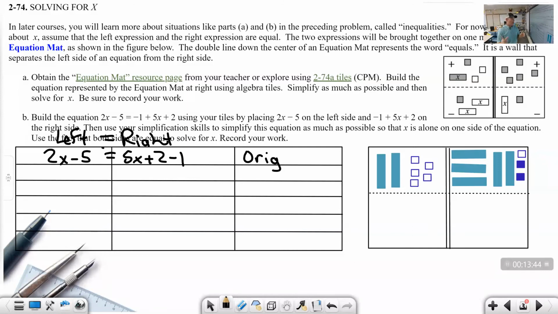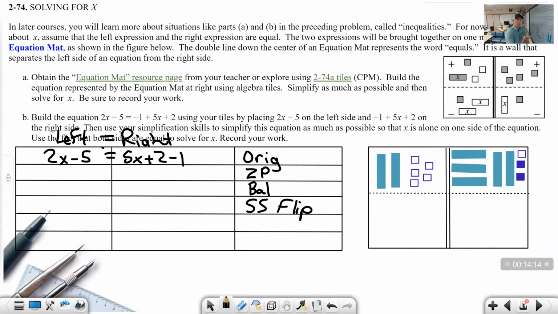Okay? Now, I'm going to go ahead and give you the steps that I want you to follow. The first step that you're going to do is a 0 pair. Okay? After you do a 0 pair, I want you to do a balance. You're going to take tiles away from both sides. Once you do that, you are going to do a side-to-side flip.